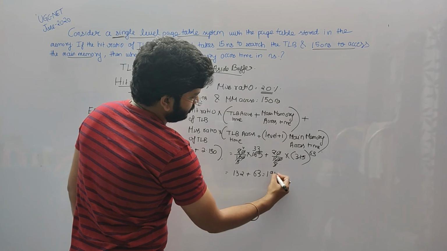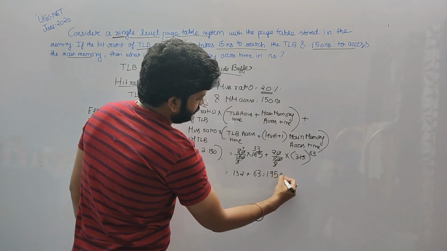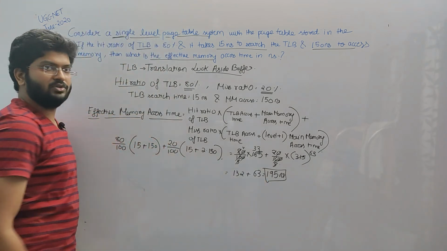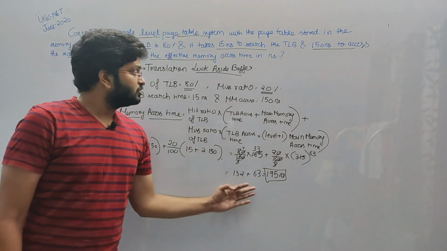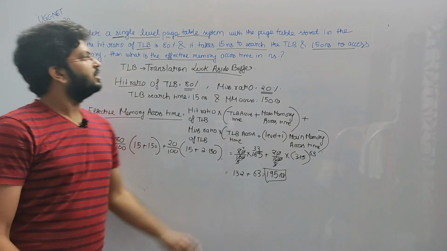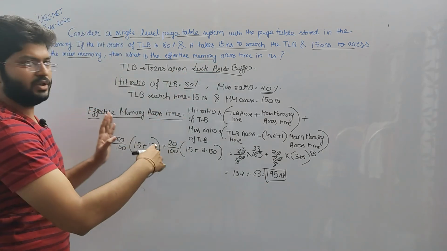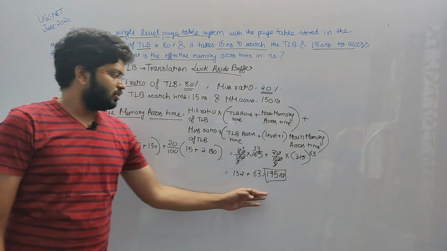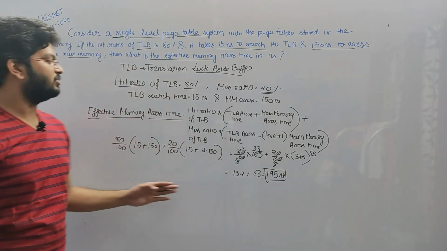So it is 195 nanoseconds. This is the final answer. In the option there is 195 nanoseconds. You can mark it out in the option. So the effective memory access time is 195 nanoseconds. See, everything is given in nanoseconds, so we didn't have to convert anything here.